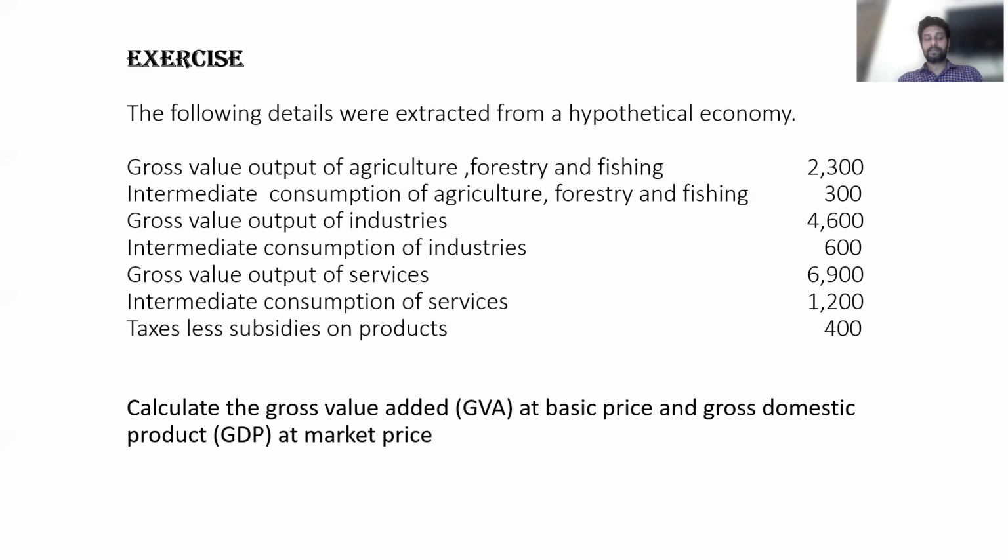Intermediate consumption of services. Also, taxes less subsidies on products. Then what we are supposed to calculate here, gross value added, GVA, typically at basic price, and GDP at the market price.